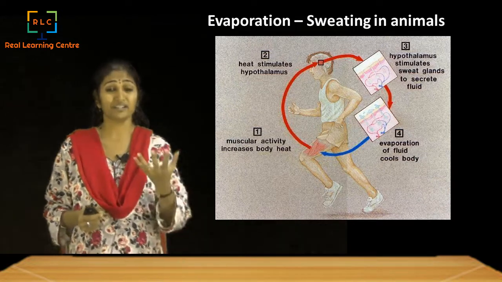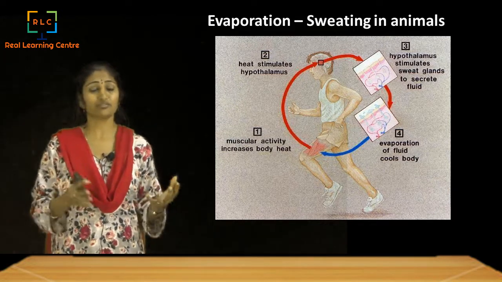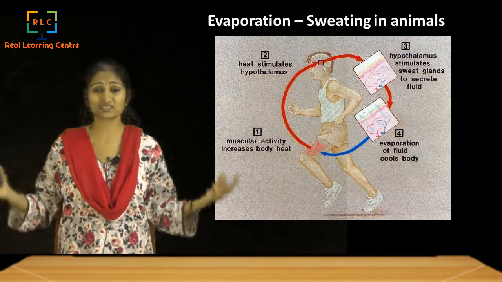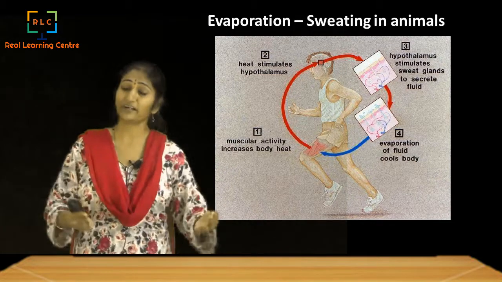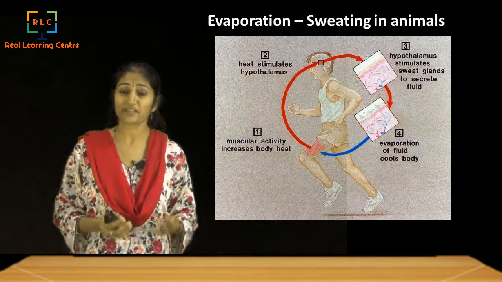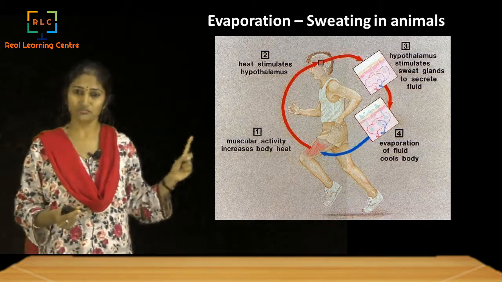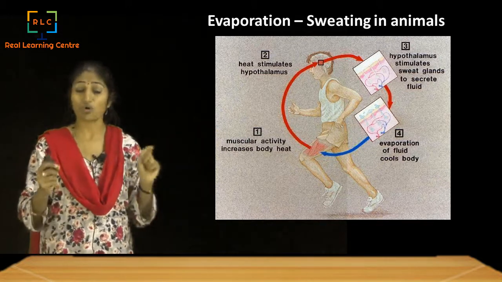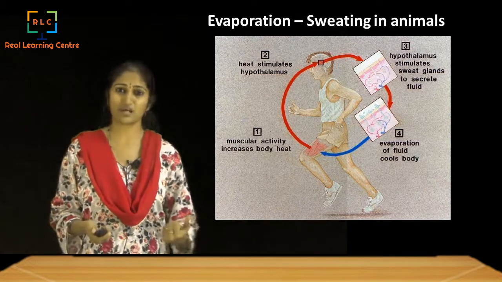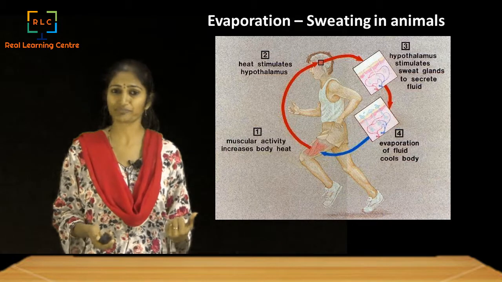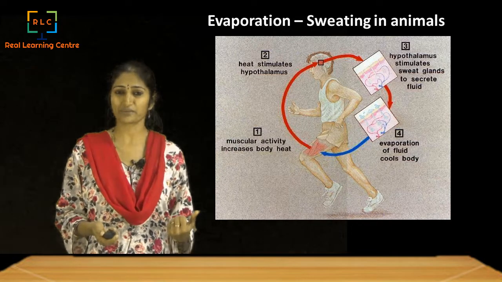In fact, it is estimated that around 50 to 60% of the dust we see at homes is shredded skin and toxic waste. This way, evaporation leading to sweating is also helpful to throw waste out of our bodies. Is it not interesting?